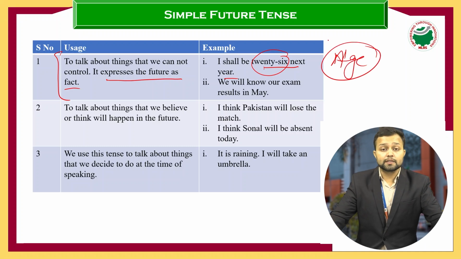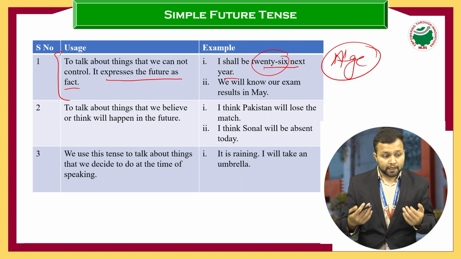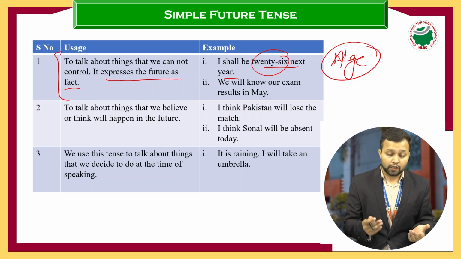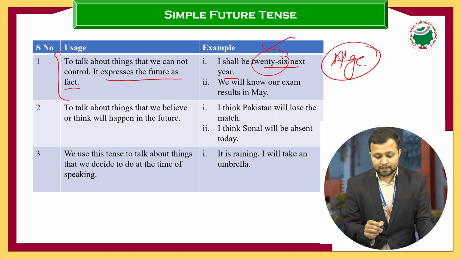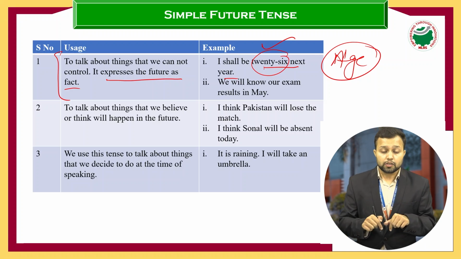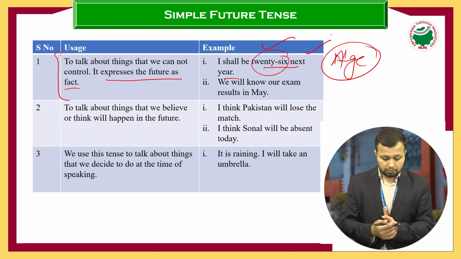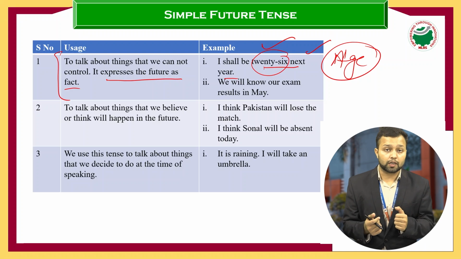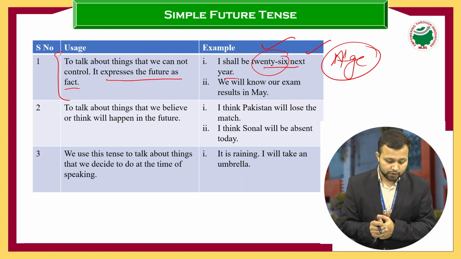Can we control our age? No. We are stating this as a fact, and being 26 will be next year, in the future, not in the present. So to express the things that we cannot control, we will use simple future tense.